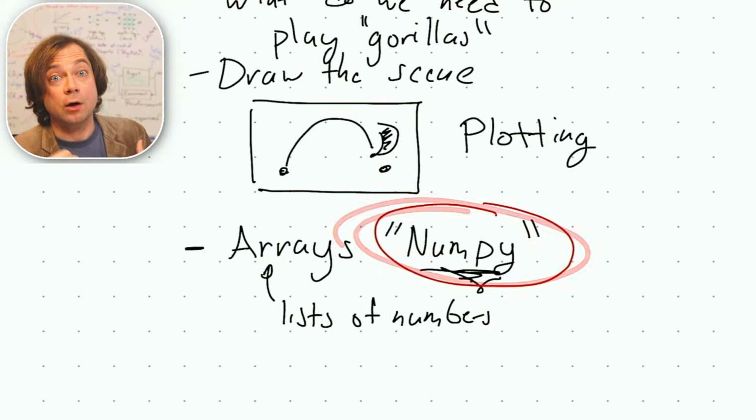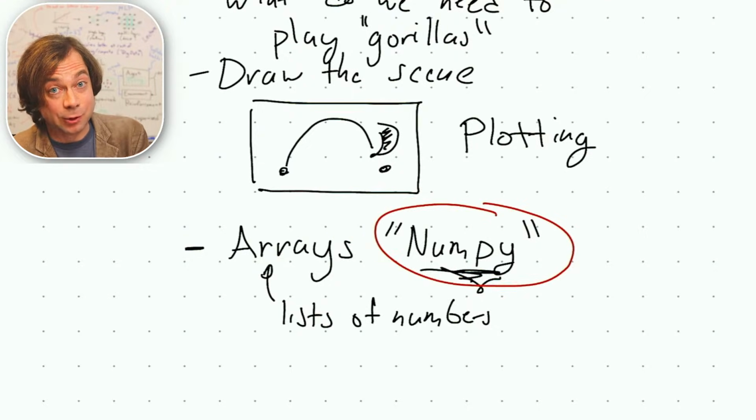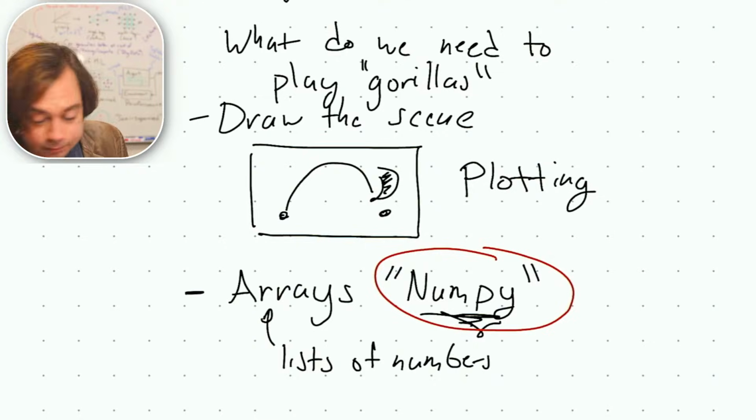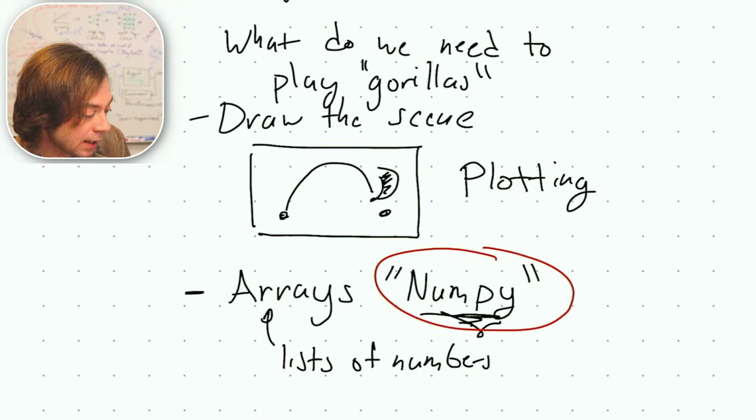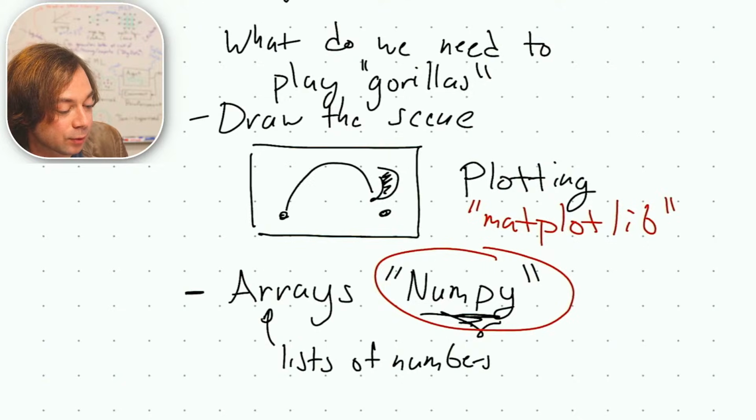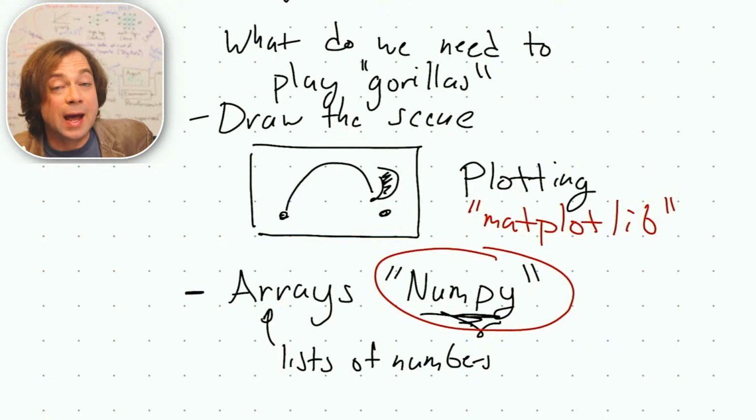If you are a fan of MATLAB, known as the Matrix Laboratory, and want all of that capability, you want to include NumPy, and we'll show you how to do that. For plotting, we have to give it another library called matplotlib, or the plotting library. We're going to use those two packages, and that's most of what we need.